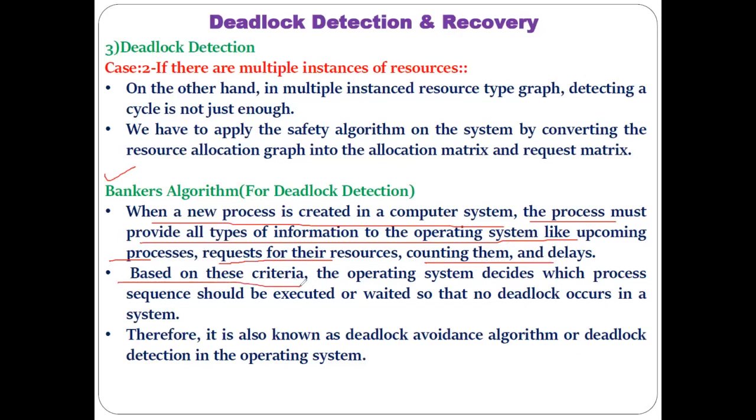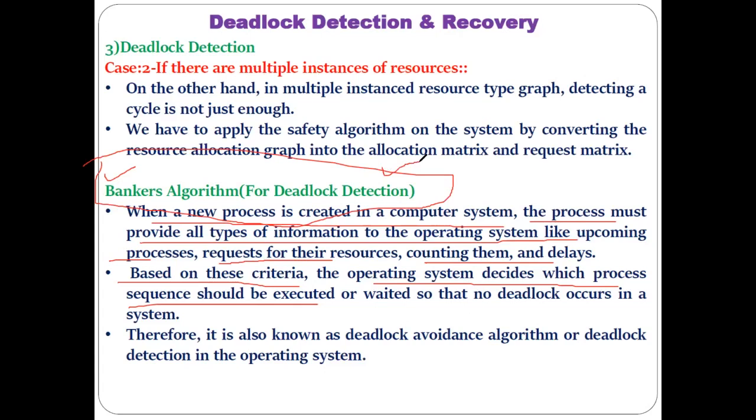Based on this information, the operating system decides which process sequence should be executed, meaning to which process the resources should be allocated and which process should be put in the waiting queue, so that deadlock in the system will not occur. All this is done by the operating system with the help of the Banker's algorithm. That is the reason Banker's algorithm is applied for the deadlock detection.